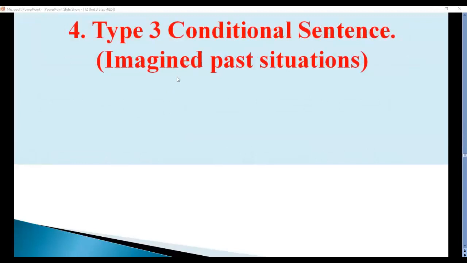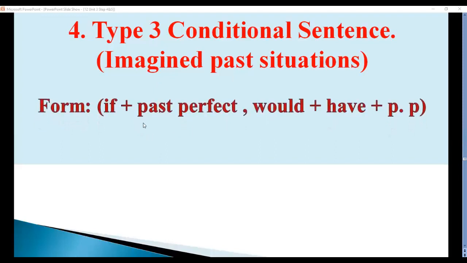Next, type 3. Imagined. The action is imagined. Imagine past situations. How can we form it? Let us see. If plus past perfect, would have plus past participle. So after if, we should use the verb in the past perfect, had plus verb 3, in addition to would have plus past participle.